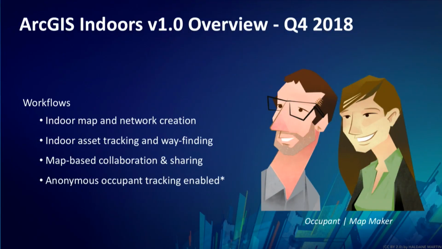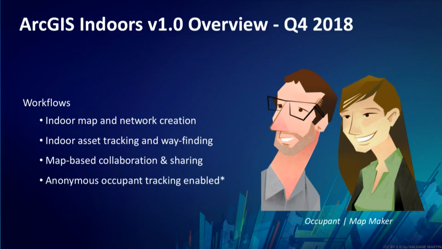So coming back to ArcGIS Indoors, at version 1, which is releasing before the end of the year, we want to support the Occupant. It's mainly an Occupant-driven release, but in addition to some tools for the map maker, right? And these are the workflows we want to support. I won't read all of them, but the ones I want to call out are asset tracking.